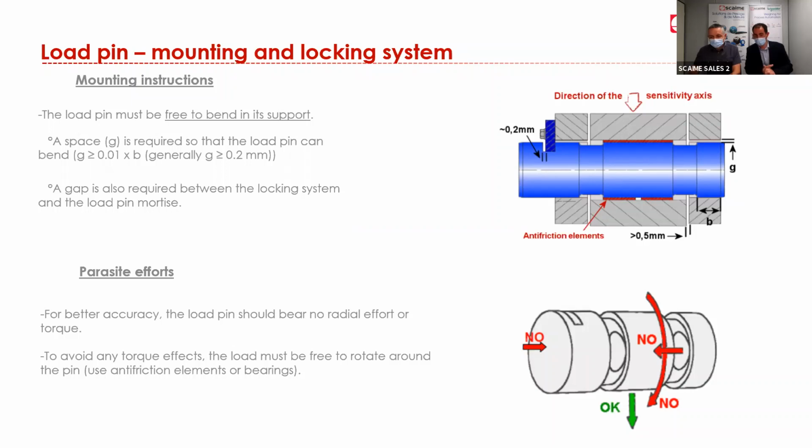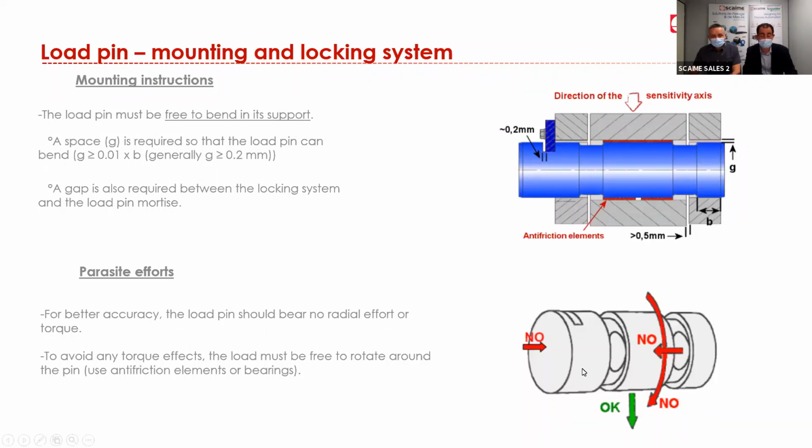Something very important also in order to ensure a good accuracy of measurement with load pins is to avoid any parasite efforts, forces. As we said before, a load pin is designed to measure the force in only one direction, as you can see on this drawing from the green arrow.